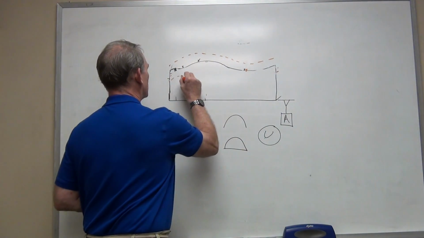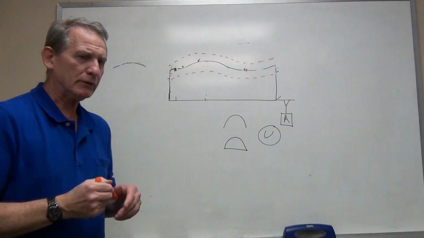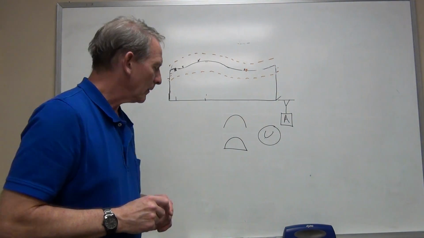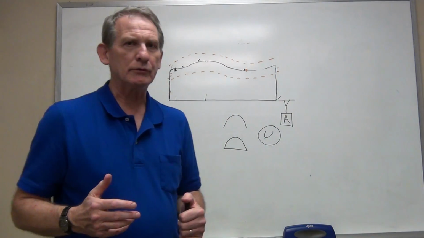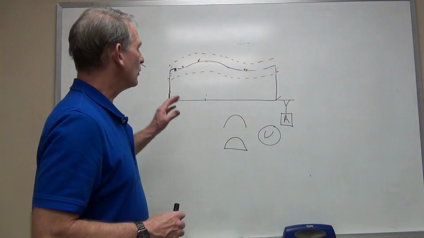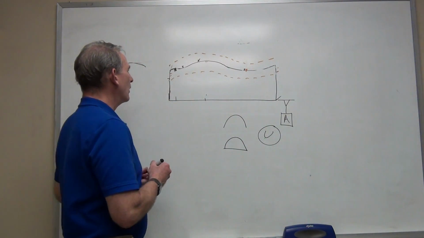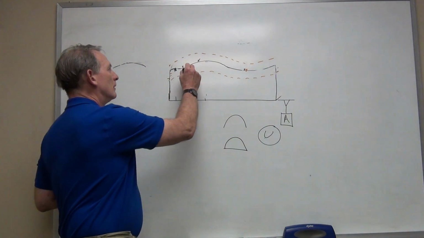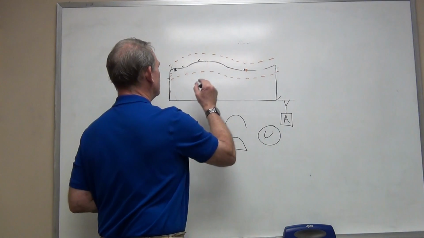So I'm going to go back to the bilateral tolerance zone. If that's the only tolerance zone you have, that tolerance zone establishes the controls for all aspects of that feature. It controls, obviously, the profile of it. It also defines the cylindricity of these surfaces.